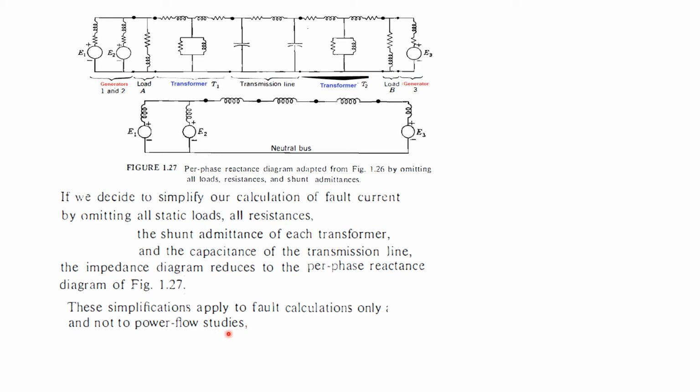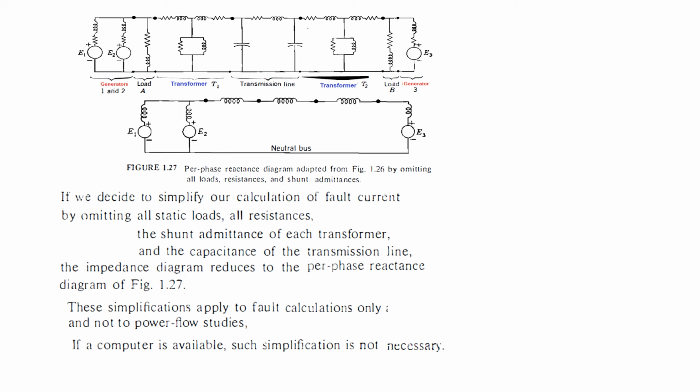These simplifications apply to fault calculations only and not for power flow studies. So if you are doing power flow studies, then you have to include all the omitted parameters. And a further note, if a computer is available, such simplification is not necessary. So in computer calculations, you can add all those.